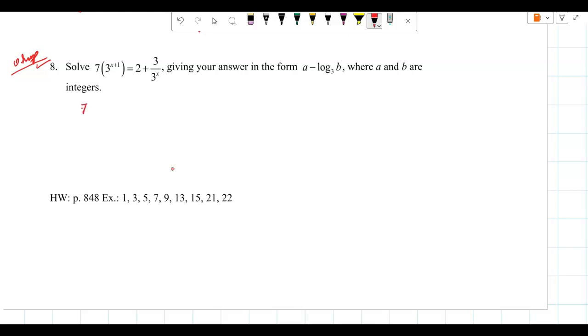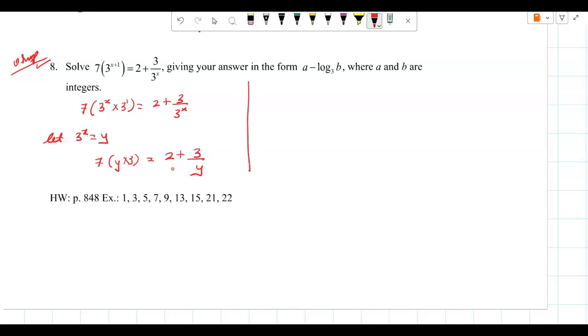So now this is 7 times 3 raised to x into 3 raised to 1 is equal to 2 plus 3 upon 3 raised to x. Now let 3 raised to x be equal to y. So 7 y times 3 is equal to 2 plus 3 upon y.